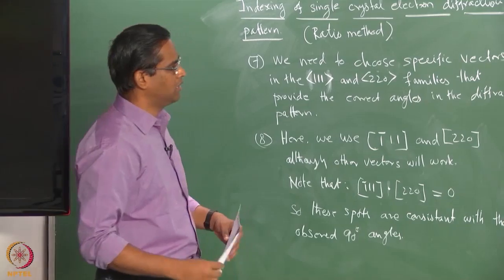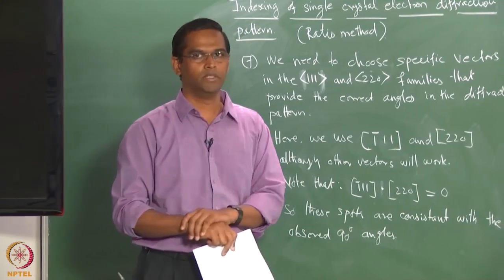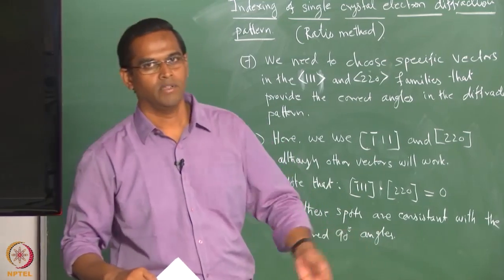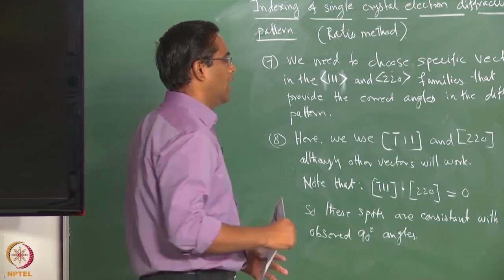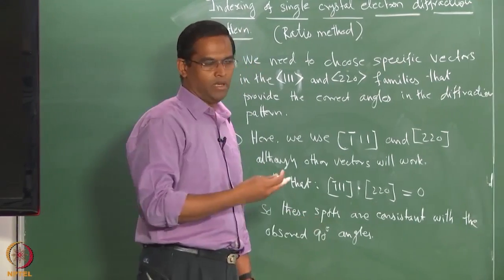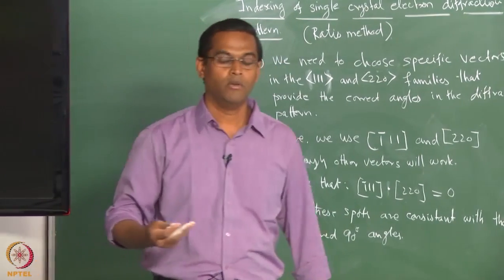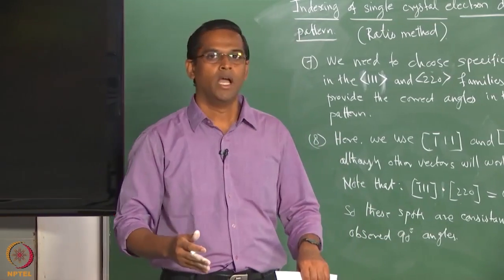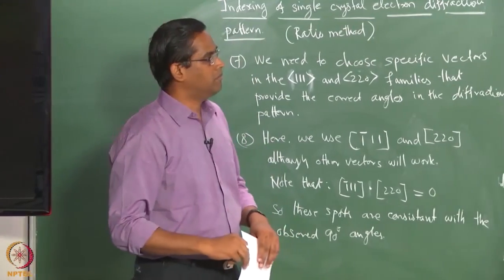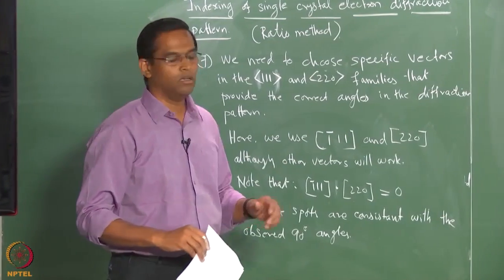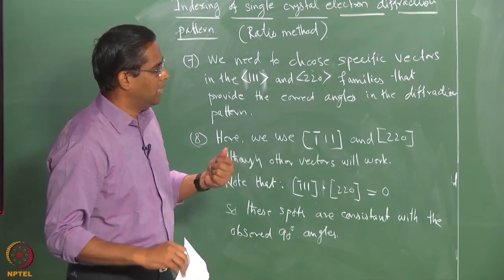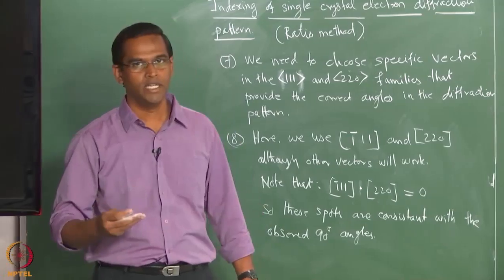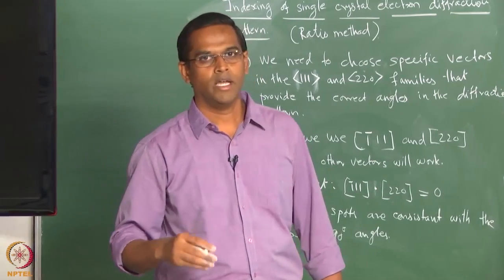We will solve a similar problem, maybe one or two more, to get more familiarity with this indexing. This is manual indexing. Today you have software available, and what we are solving is a very simple cubic system. For much less symmetric systems these calculations become very tedious, and that is where you require a computer program.